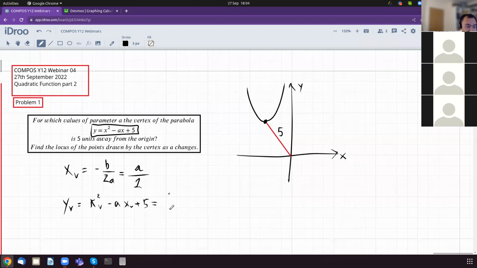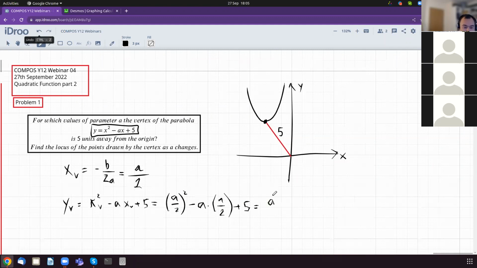In other words, a over 2 squared minus a times a over 2 plus 5. Okay, I don't want to cause extra confusion here.